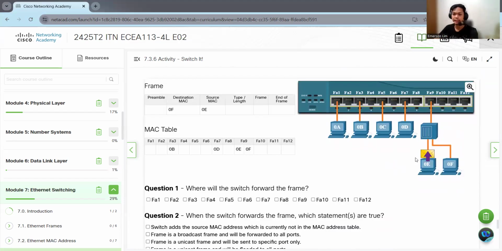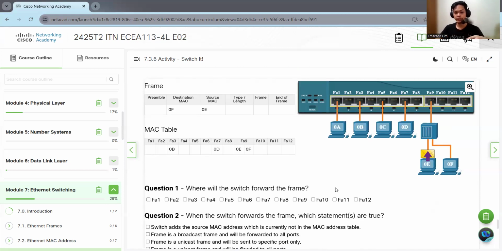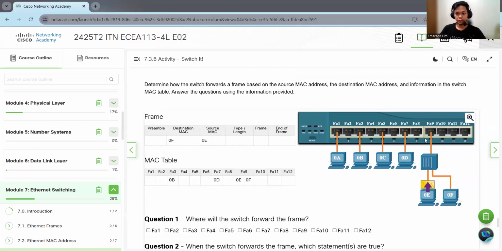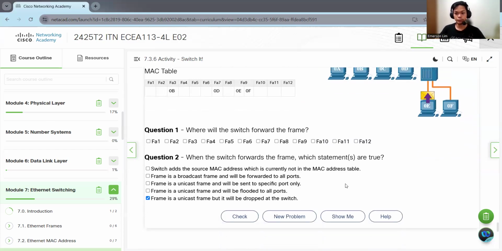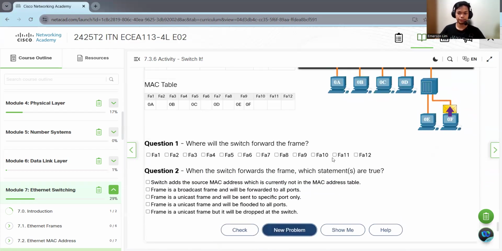Since, like I said in the previous problem, the router could only have a message or a receiver, but since FA9 has a message and a receiver both, the message and the receiver will not be happening. So no frame will be indicated here, and it will be dropped at the switch. Let's check. Correct. Next problem.